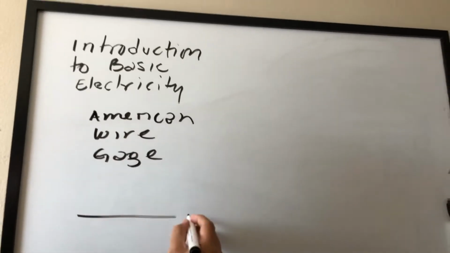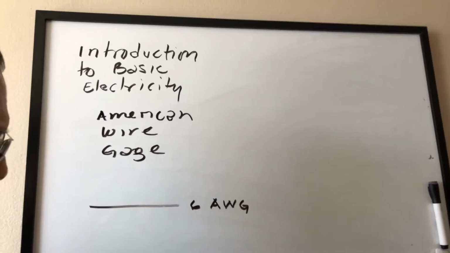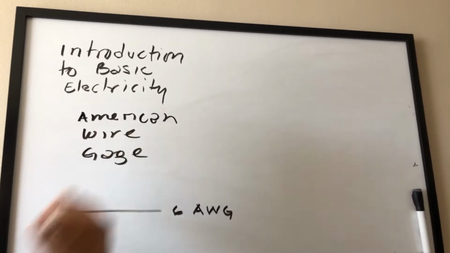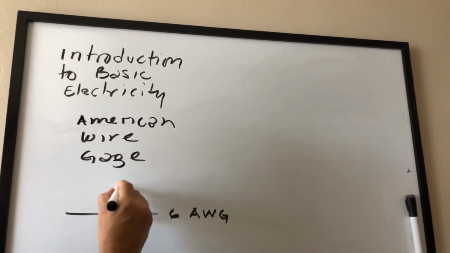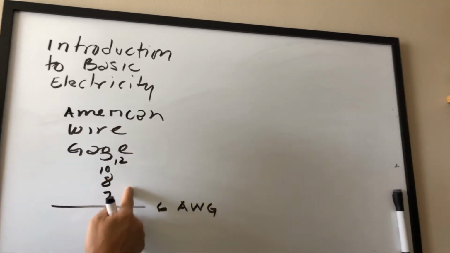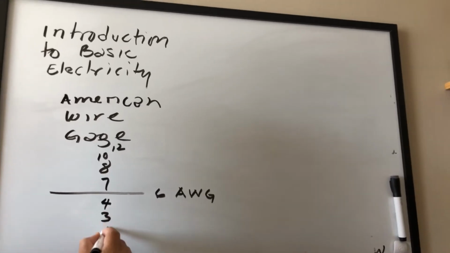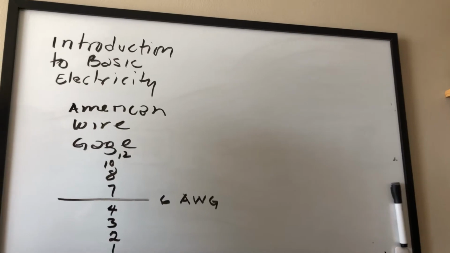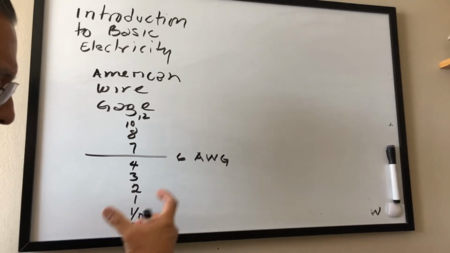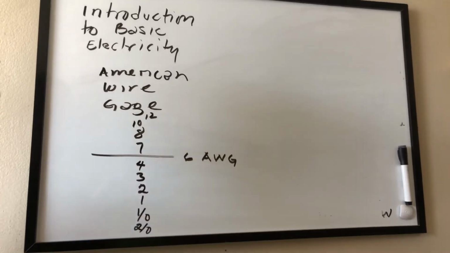So there is a line that divides gauge number 6 or smaller from gauge number 6 or bigger. If we have 7, 8, 10, 12, these are able to deal with less amperage than 4, 3, 2, 1, 1/0, 2/0, and so on.